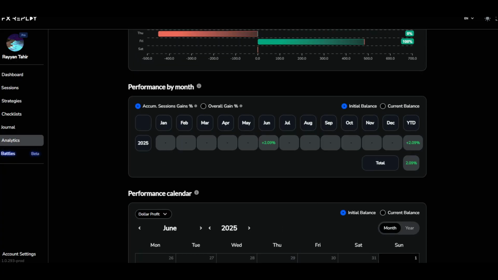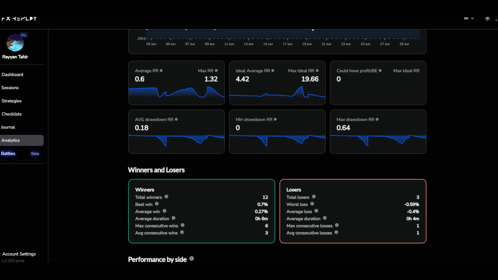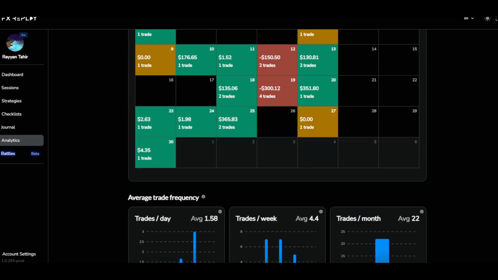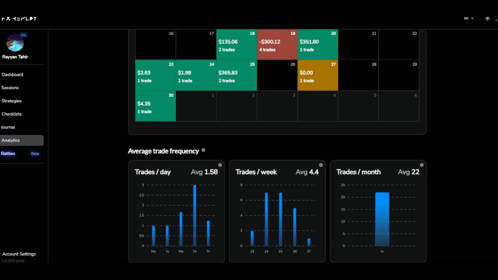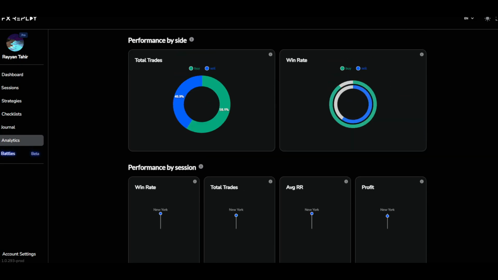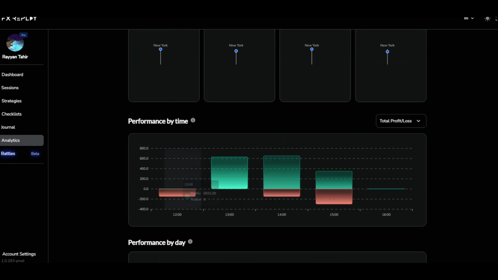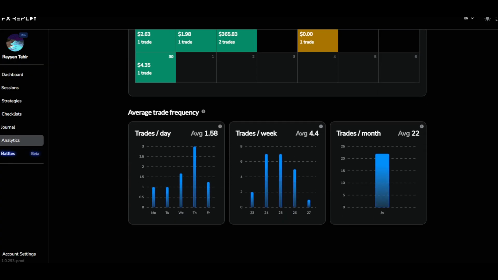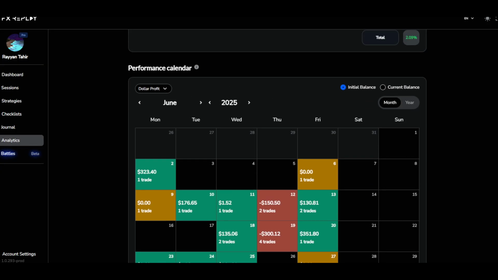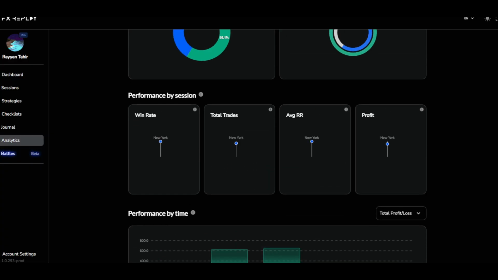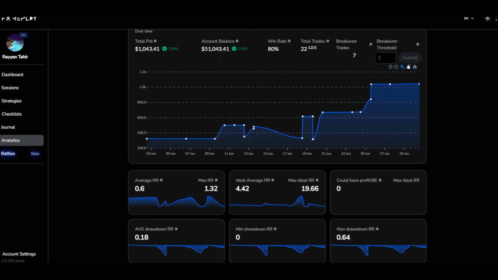Sim that out. How do I do that? Isn't it like down here or something? Bottom? I don't have it. I know what you're talking about. I remember doing it, but I don't see it. Weird. Average R 0.6. Interesting. Probably because I scale break even trades.